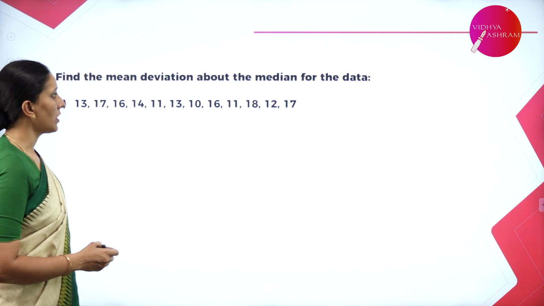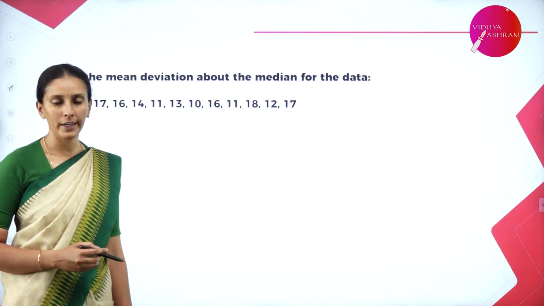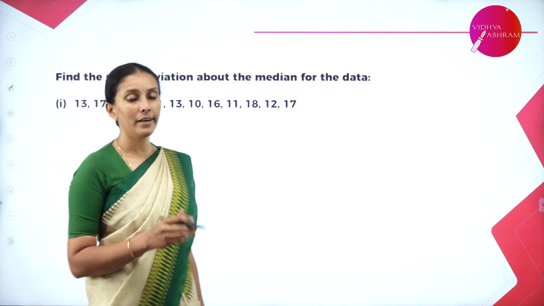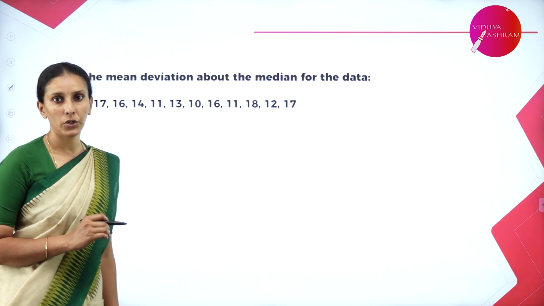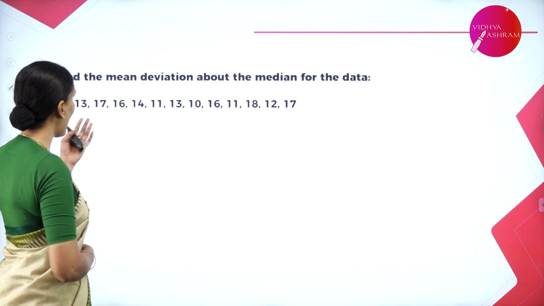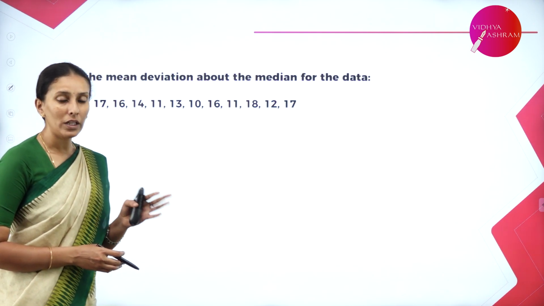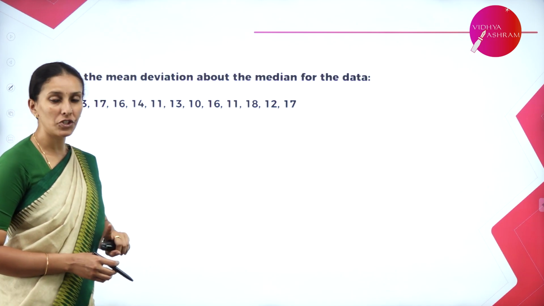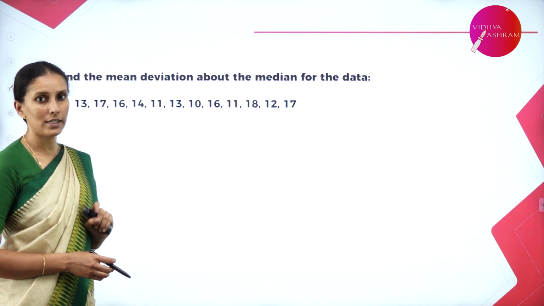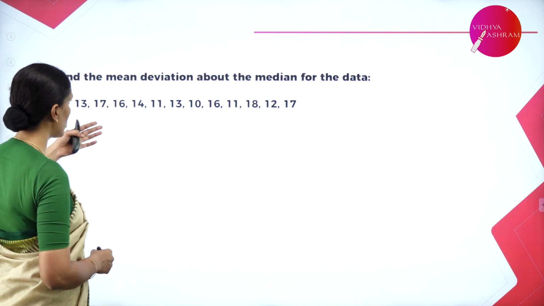Next one, find the mean deviation about the median for the following data. So here we need to calculate the mean deviation with respect to median. That means first we need to calculate the median. Before we calculate any median, we know the condition that to find the median, the data should be arranged in an ascending order or descending order. So let us arrange the data first.